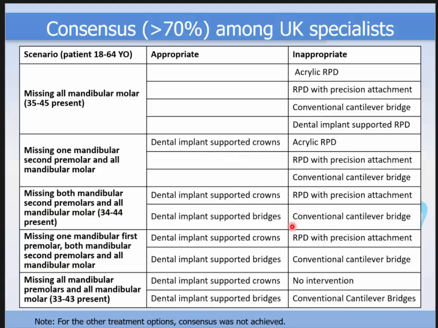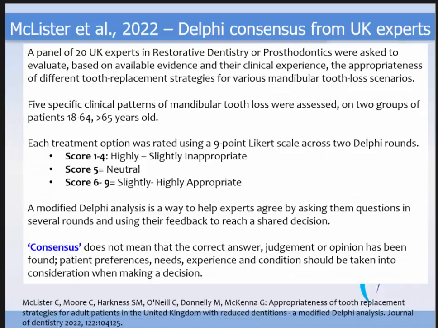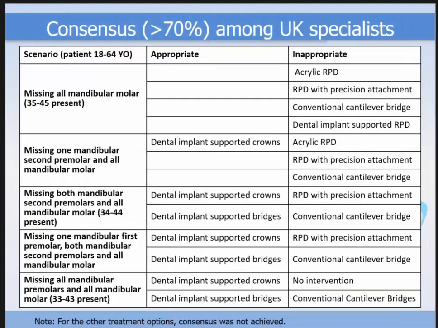Okay. I won't go through each and every one. You can read the journal and also the supplementary materials attached to the journal. The name of the journal is here. It's free access. But you can see that in the younger patients, they came into consensus that dental implant treatment should be provided for this group of patients, even when the patient is just missing one premolar and all molars.